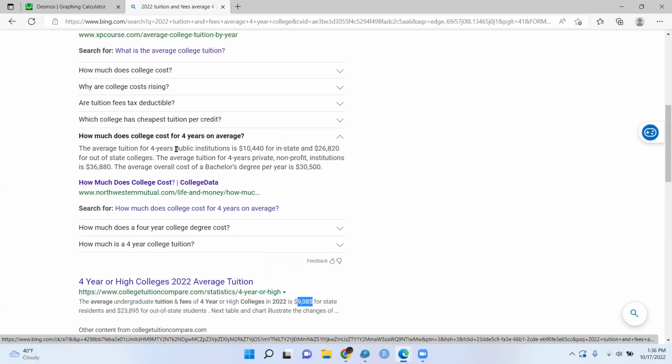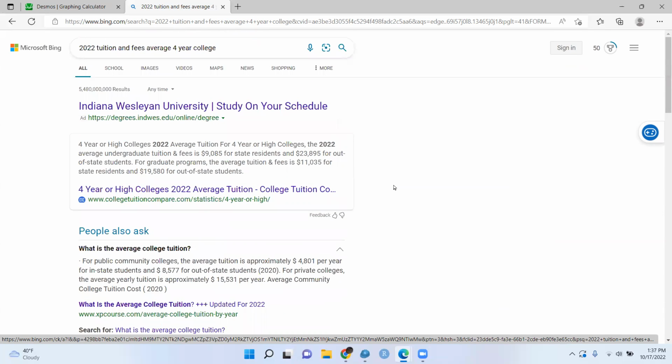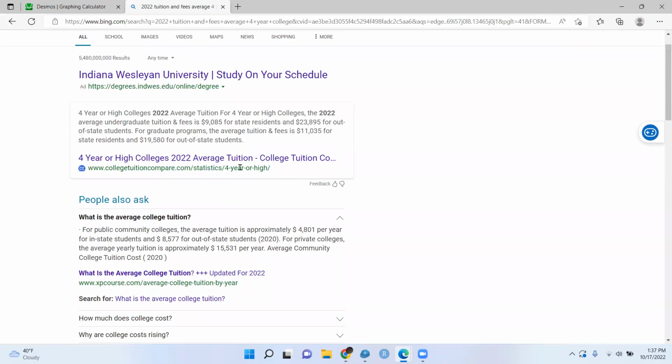This one says the average tuition for 4-year public institutions is this for in-state and this for out-of-state. All right, we just got to pick one. How about we use Wesleyan University? They seem like a reputable source. 9,085. We're going to claim that's the actual value.